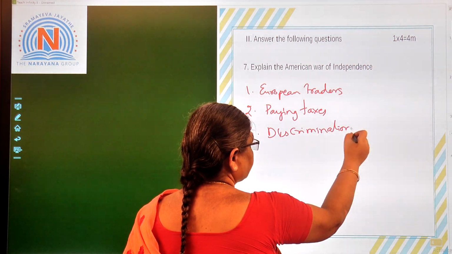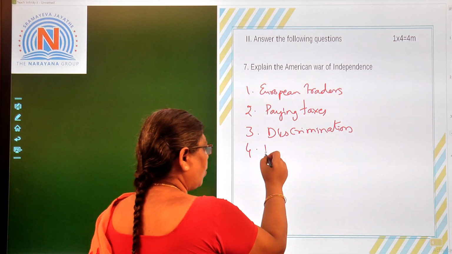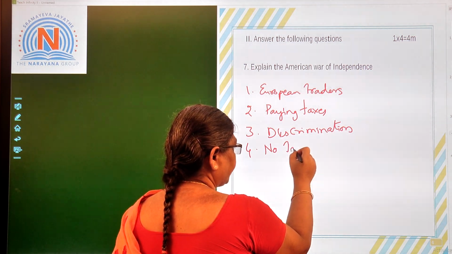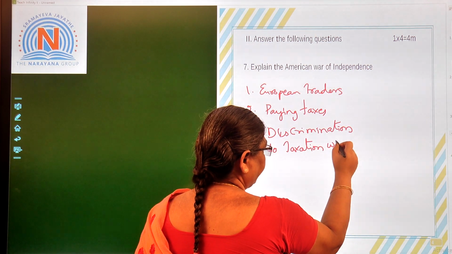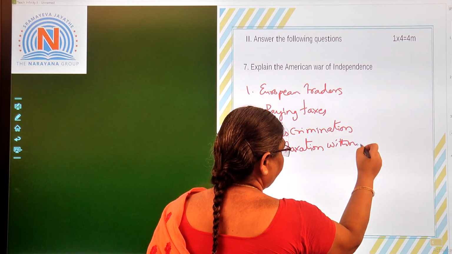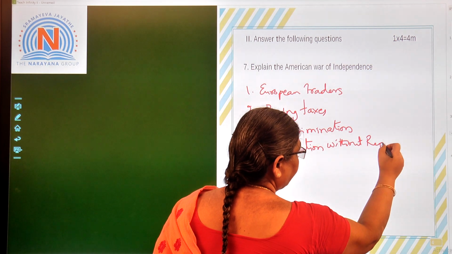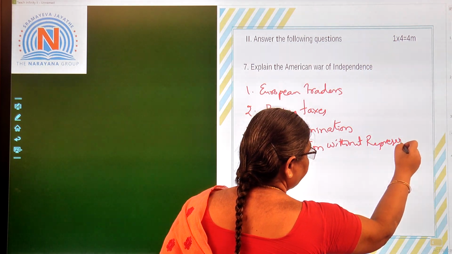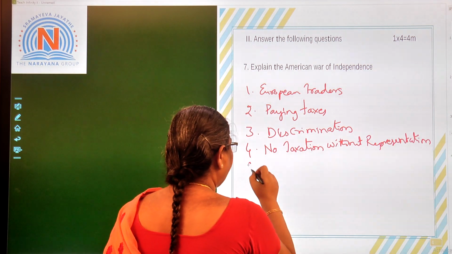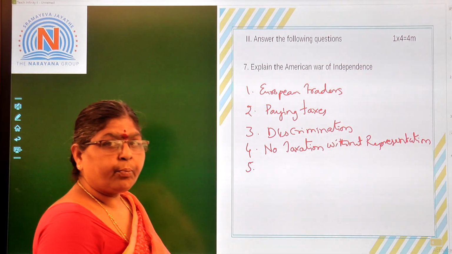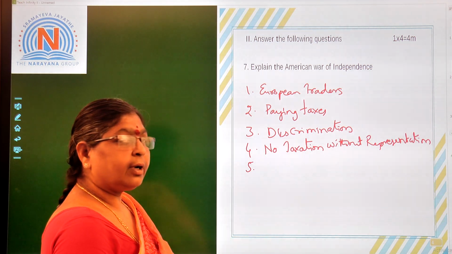Due to the discrimination shown by England, they raised the slogan, no taxation without representation. For that they convened the Congress of Philadelphia. All these people met in Philadelphia and drafted a resolution requesting the king not to impose taxes without their representation. That is known as no taxation without representation.